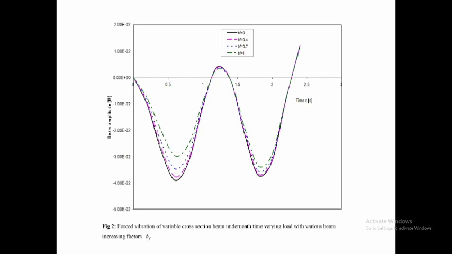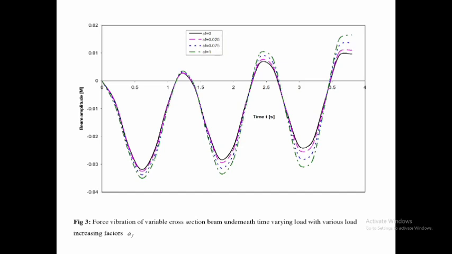As you can see, as we increase the foundation modulus, the amplitude of deflection decreases. In figure 2, we consider the force vibration of variable cross-section beam underneath time varying load with various beam increasing factors. As we increase the beam increasing factor, the amplitude of deflection reduces.